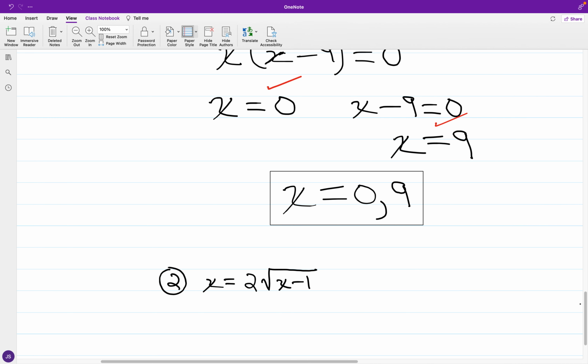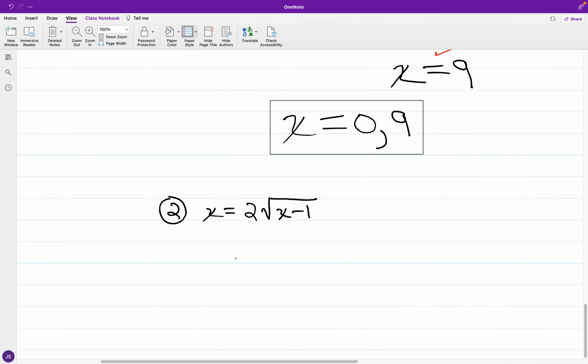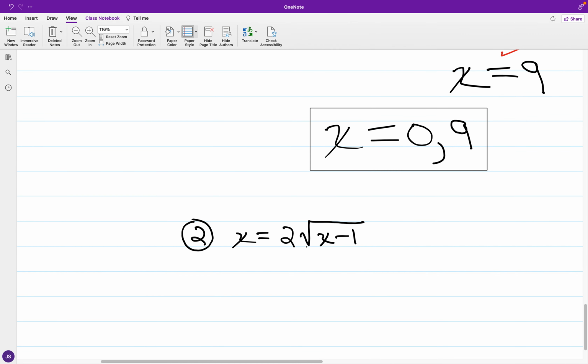Now in this one, I have x, and I got 2 times the square root of x minus 1, and again, you can leave the radical expression as it is without having to perform any division. So I can remove the radical once again by squaring both sides.